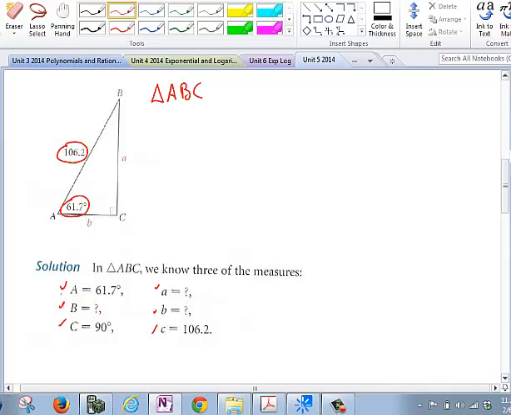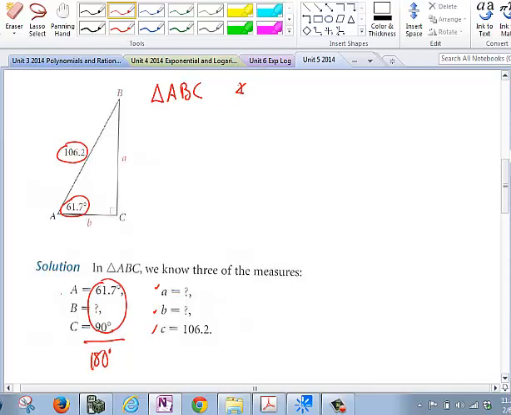Let's solve first for the missing angle. The missing angle is easy based on geometry principles. All 3 angles should add up to 180 degrees. So that's not really using trigonometry, it's basically using geometry.